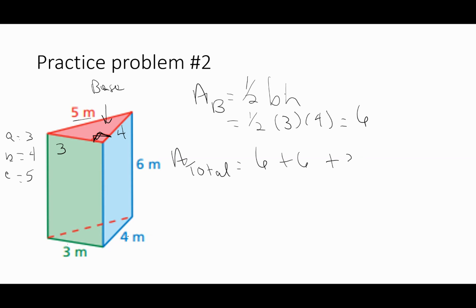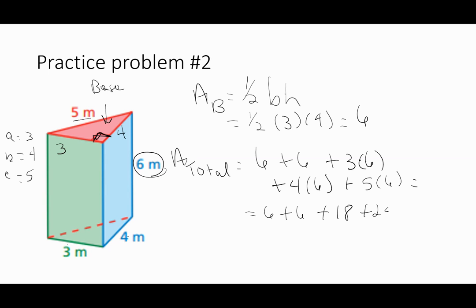So we're going to have 3 times our height plus 4 times our height plus 5 times our height. So we have 6 plus 6 plus 18 plus 24 plus 30 gives us our total. So 12 plus 18 plus 24 plus 30 gives us 84.